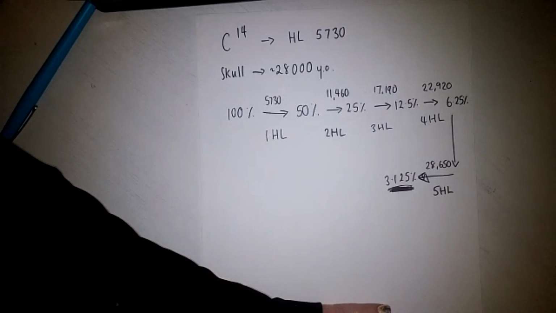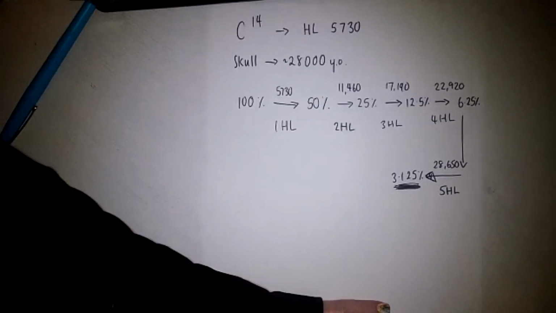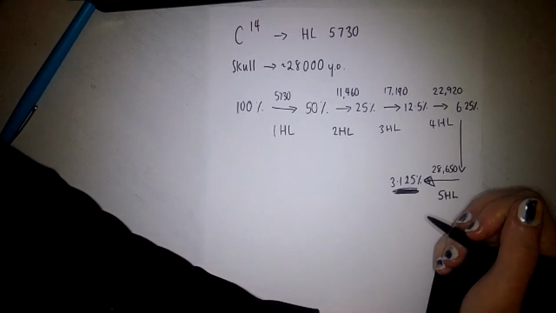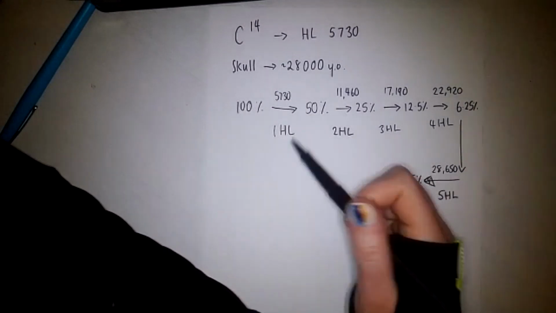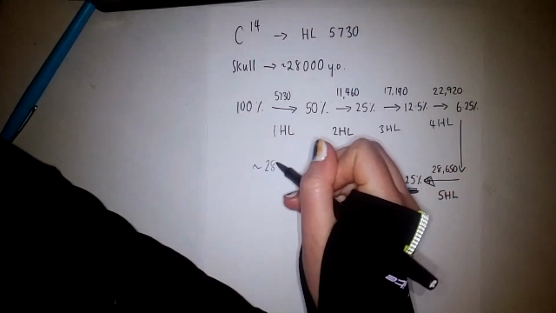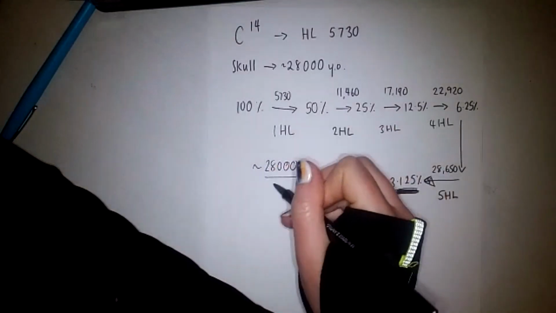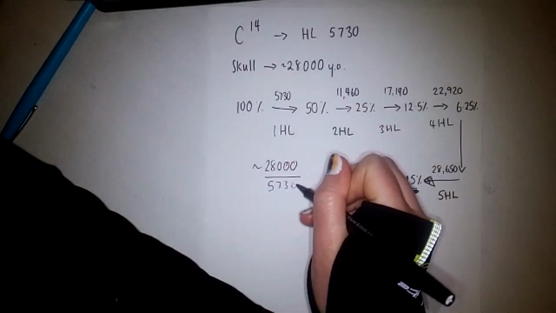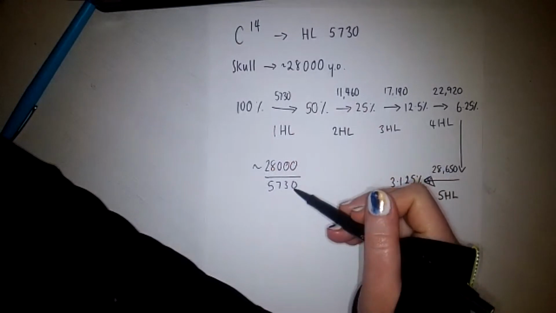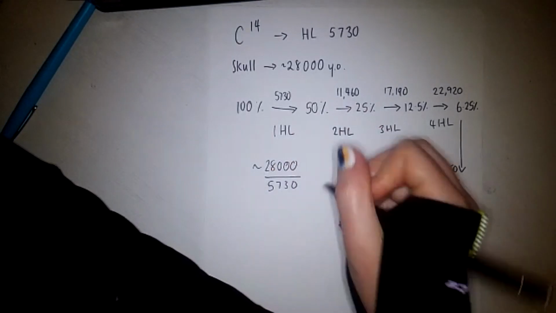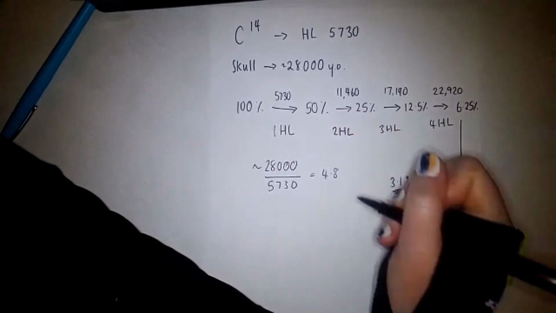Now, that is fine to do it like that, so do it in steps. I would personally be doing it in steps like that. If you want to jump ahead because you've got a particularly mathsy brain, if they've told you that it's approximately 28,000 years old and that one half-life is 5,730, if you work out the ratio, the proportion here, it's 4.8.